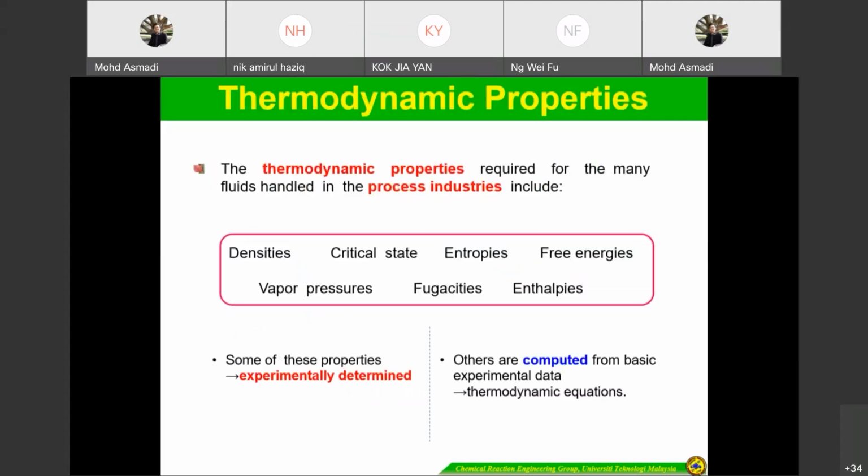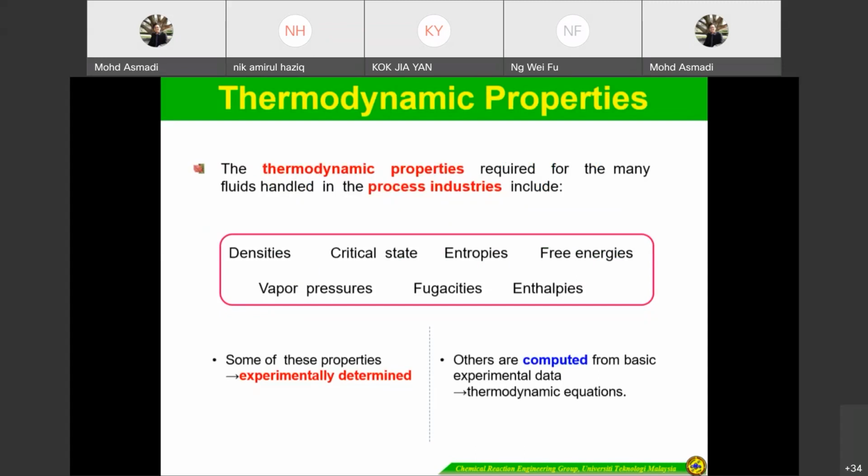So these are the thermodynamic properties that you are going to deal with, starting from the next class. I think volumetric properties will be dealt with first: pressure, volume and temperature, PV equals ZRT. That is the basic one.